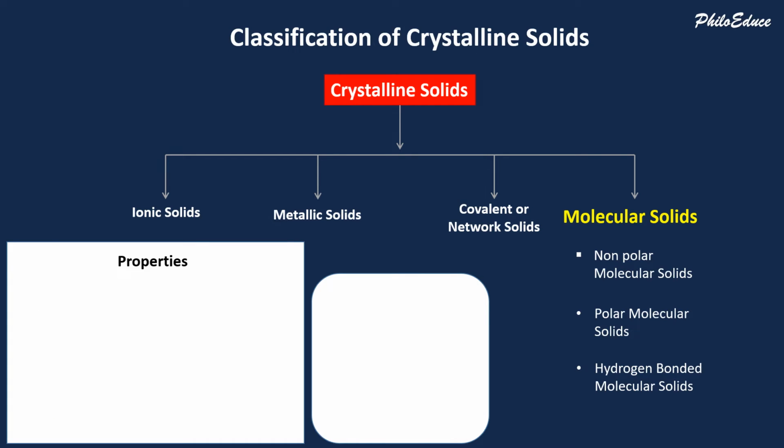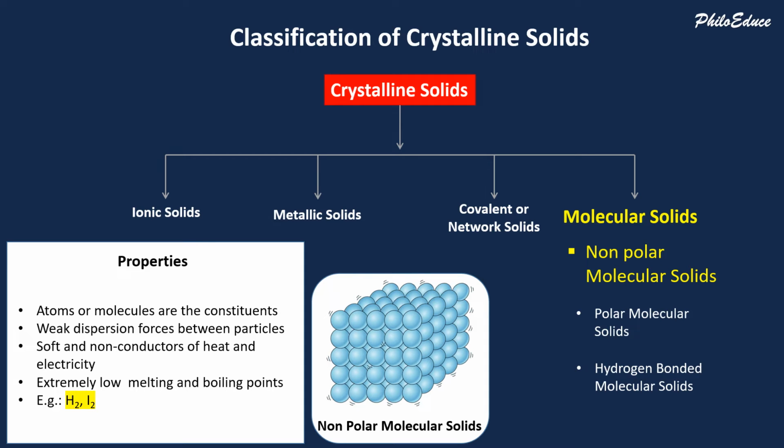And the next one is molecular solids. They are classified into three. The first one is non-polar molecular solids. We know that molecular solids are made up of individual molecules. In the case of non-polar molecular solids, they are made up of non-polar molecules like hydrogen, chlorine, iodine, helium, that type of individual molecules.